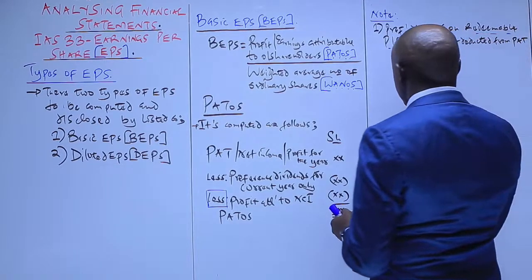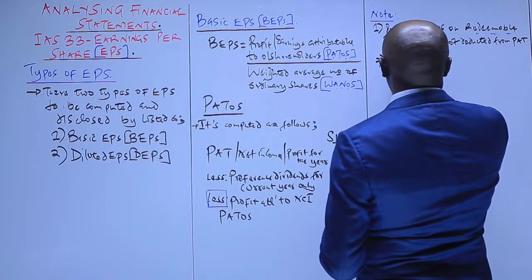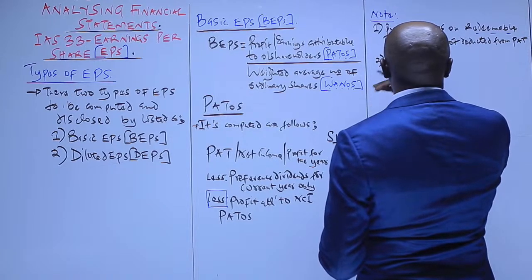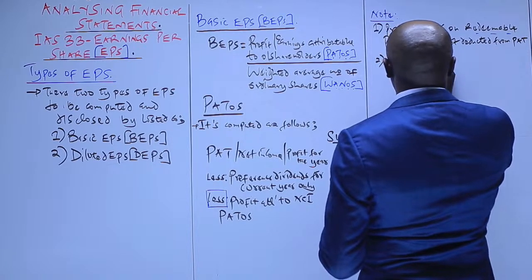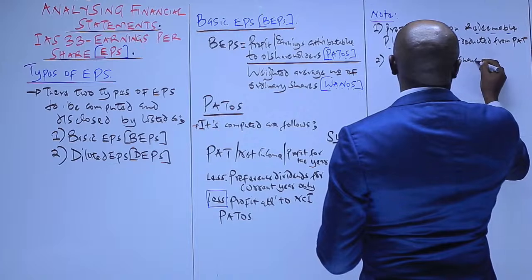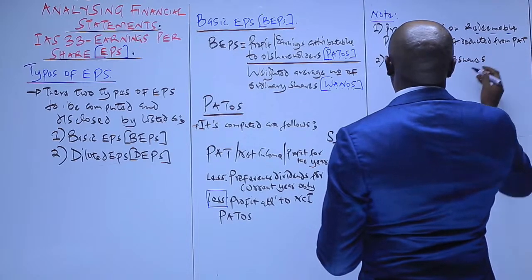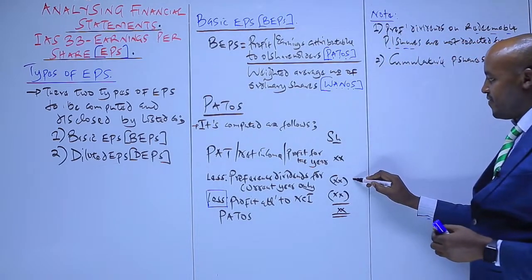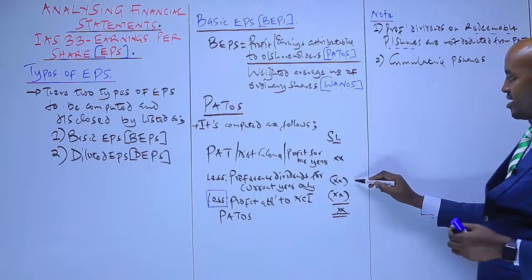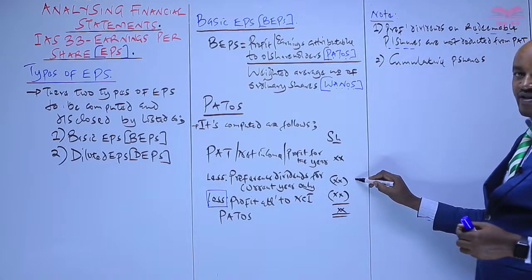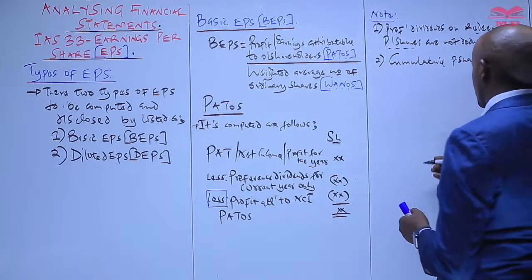So number two is that if preference shares issued by the company are cumulative, then we always less their dividends from the profit after tax, whether or not those particular dividends were paid or proposed.